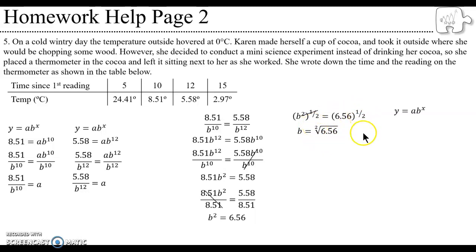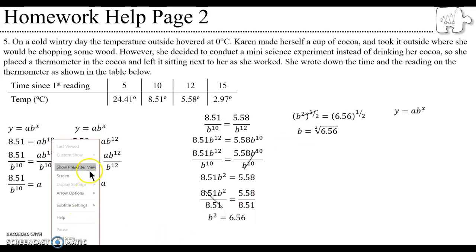Even though you don't need the 2 here, because if there's no number, it's assumed to be a 2, I put it in there so that you could use this to model off of number 4. So then we just have to find the square root of 0.656, and we can pull out our calculator again.